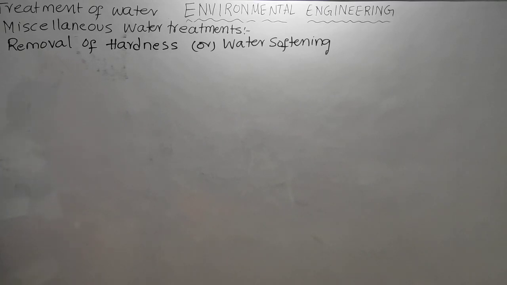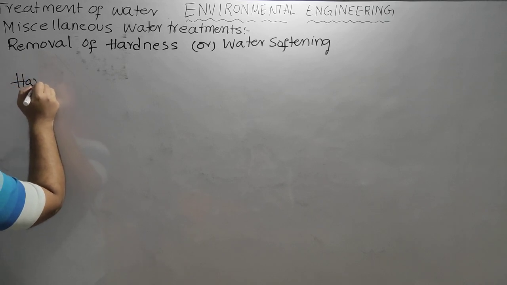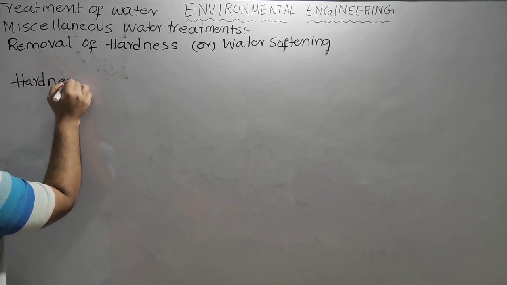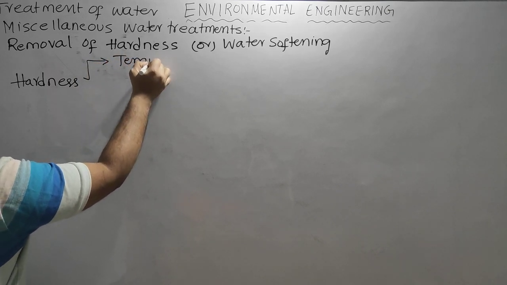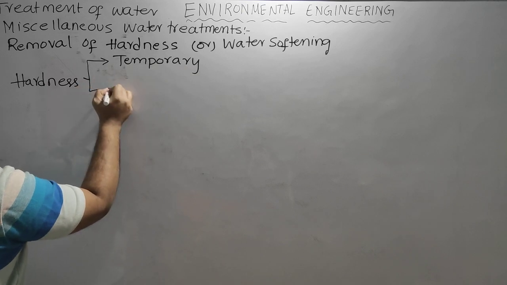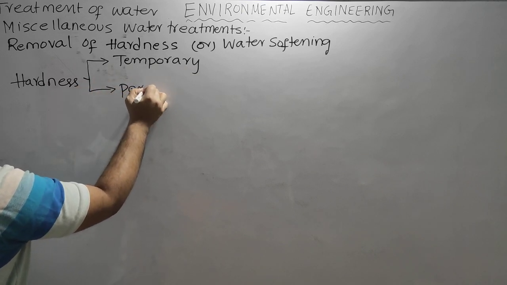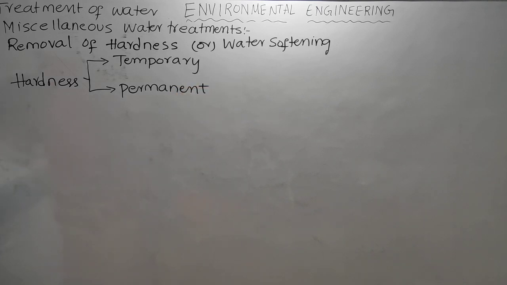Okay, so generally the hardness is of two types. We all know that hardness is of two types. One is temporary, and the other one is permanent hardness.